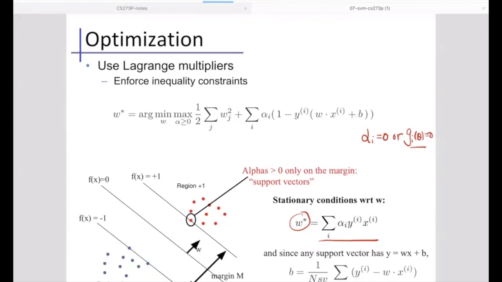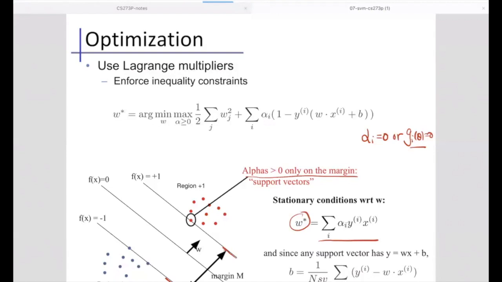So g_i is this hyperplane here, and if the data is inside, away from the separating boundaries, g_i will be 0, so alpha_i will be 0. They are positive only for those exactly on the margins. That's what we derived previously.